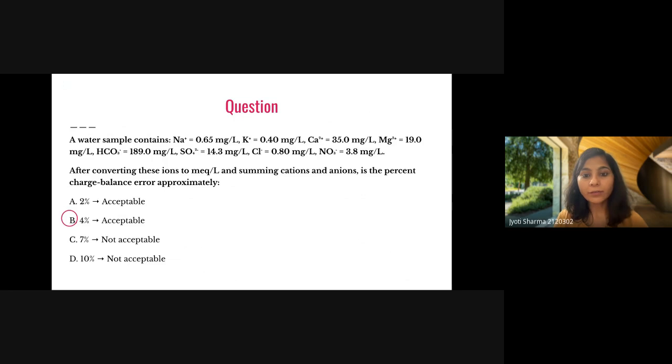So these are the concentrations in mg per liter, these are the cations, these are the anions. We need to convert that into milli equivalent per liter, and we will separately do the summation of cations and anions.